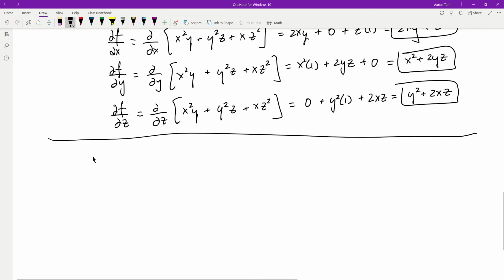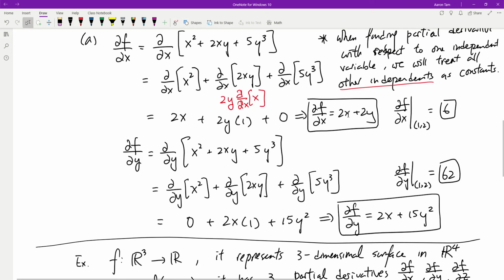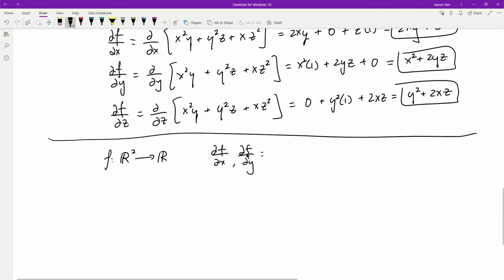In our first example, we have a function f that maps from R2 to R. Notice that the partial derivatives, df over dx and df over dy, both of them are also in terms of x and y, and they also give one single number as an outcome. Therefore, notice that df over dx and df over dy are also both R2 to R.